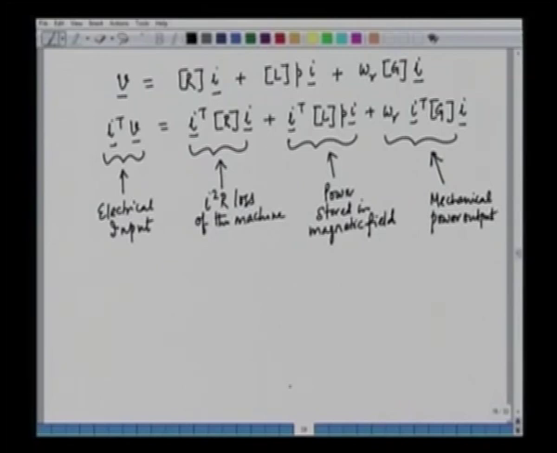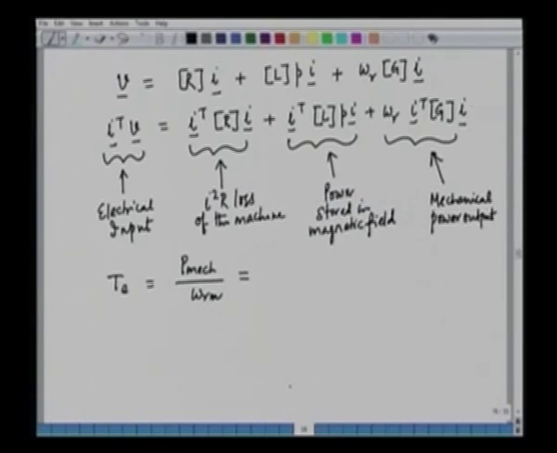And the torque is the mechanical output divided by the mechanical speed omega r m. This is your P mechanical.